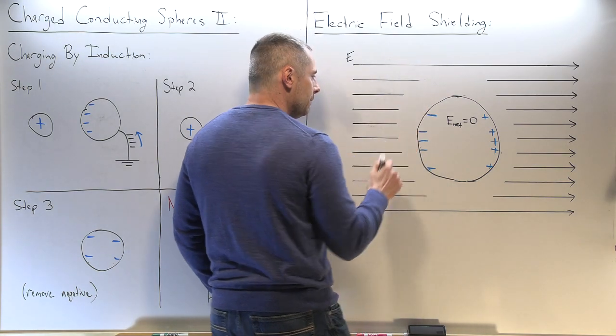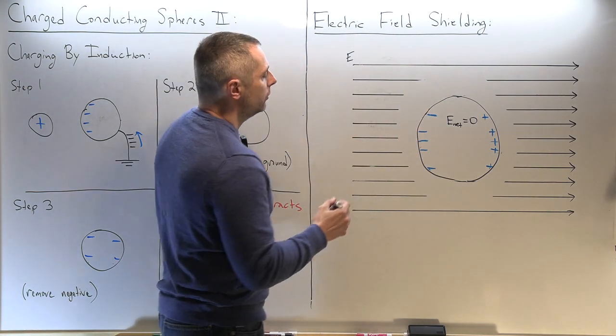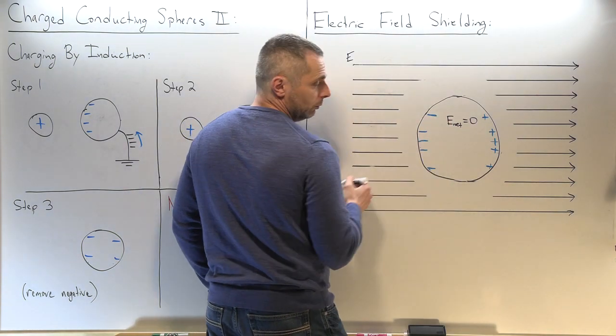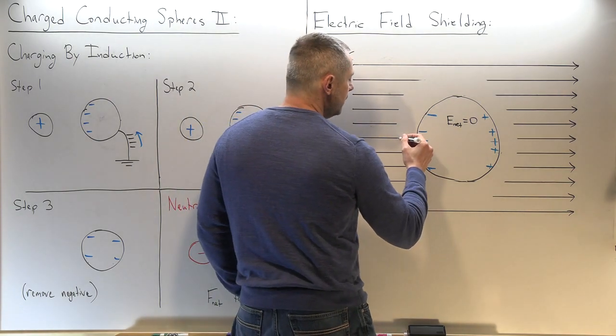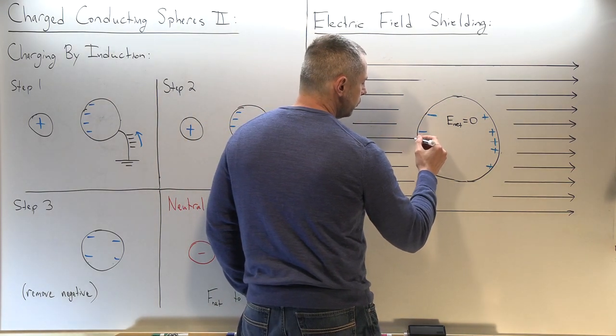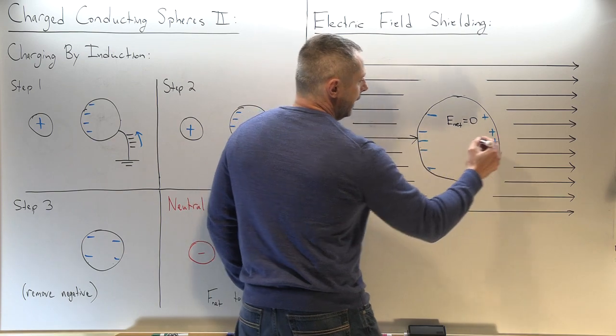So that means that these field lines have to adjust, or rather, they're adjusted, I should say more accurately, by the metal so that they strike the surfaces at 90-degree angles.